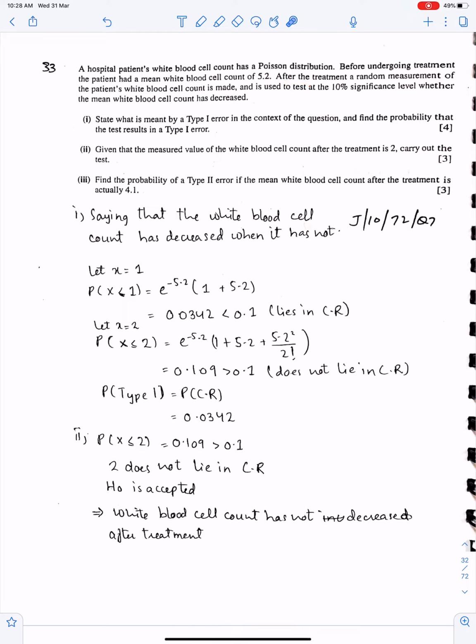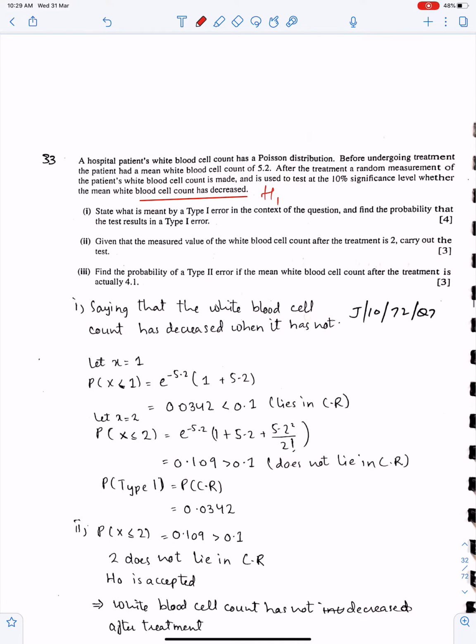Type 1 error means rejecting H naught when H naught is true. H1 means the blood cell count has decreased, and H naught means no decrease, meaning the same. So type 1 means rejection of H naught.